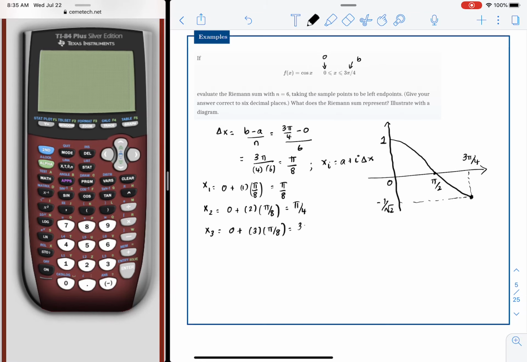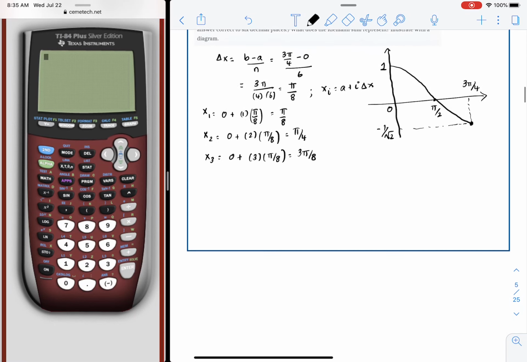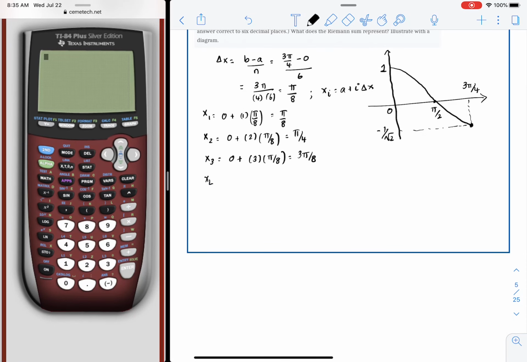That would give us 3 pi over 8. x4 is 0 plus 4 times pi over 8, which would give us pi over 2. x5 is 0 plus 5 times pi over 8. We will have 5 pi over 8. x6 is equal to 0 plus 6 times pi over 8, which is 3 pi over 4.